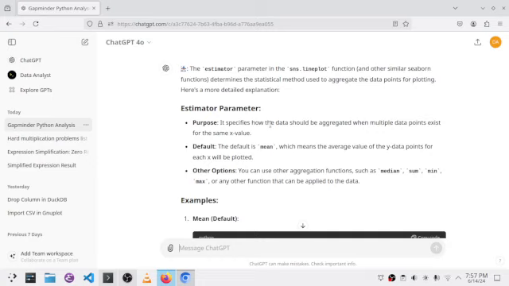Default is the mean, which means the average value for the Y data points for each. Other options include median, that's interesting, median, sum, min, and max.